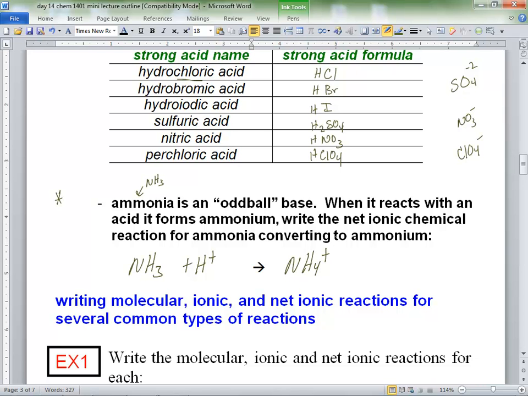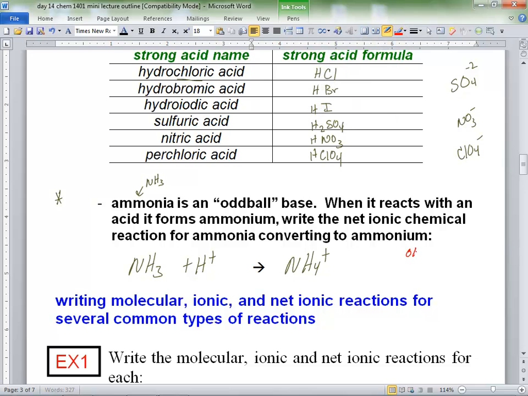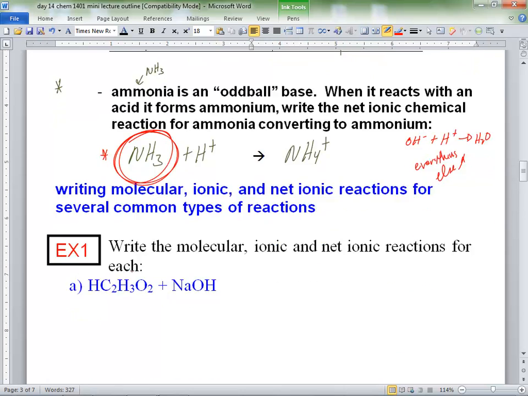That's really different than every other single base, right? All these other bases, they're always OH minus plus H plus makes H2O. That's everything else. So we've just got to remember NH3 is a base.